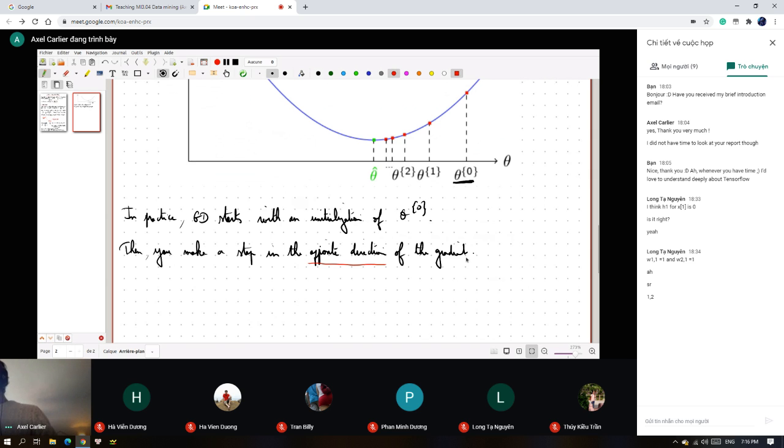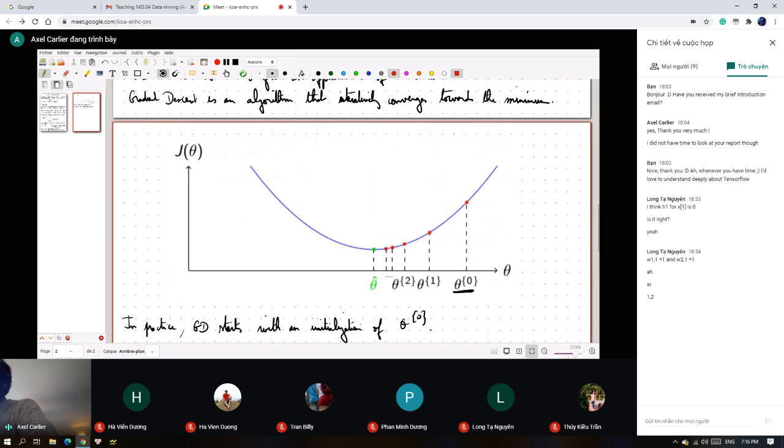If you are here, the gradient direction is there, all right? So if you want now to go in the opposite direction, you would go typically in this direction. So what you do is that you compute the gradient in theta 0, and then you use this gradient to go in the opposite direction.